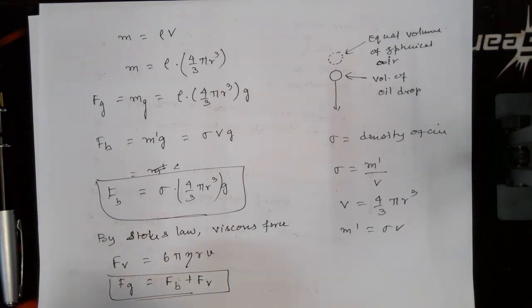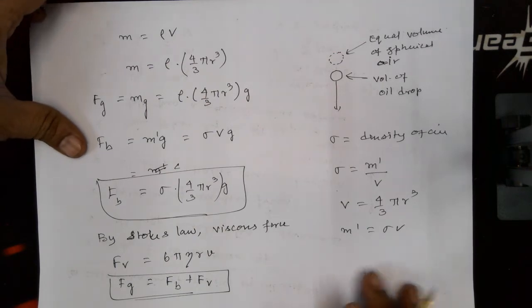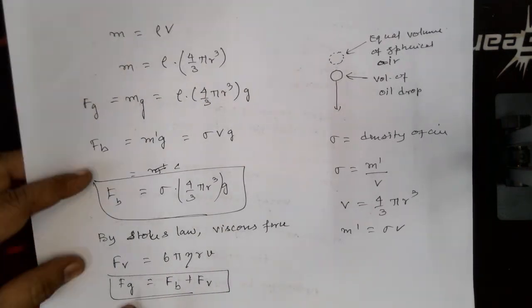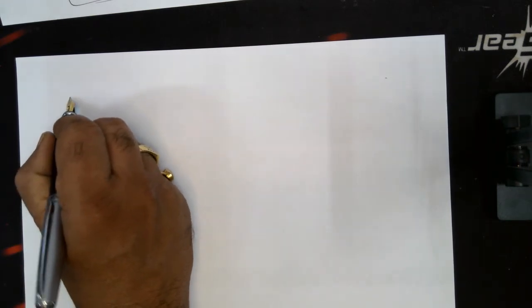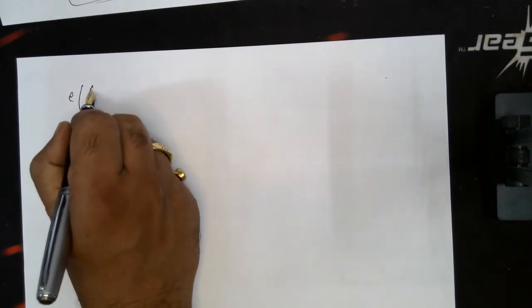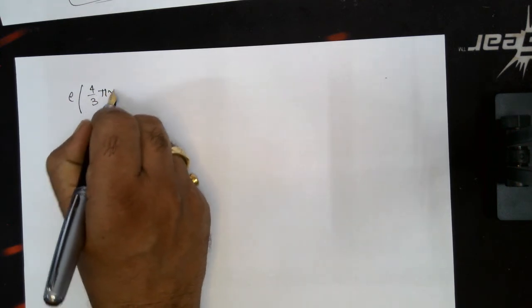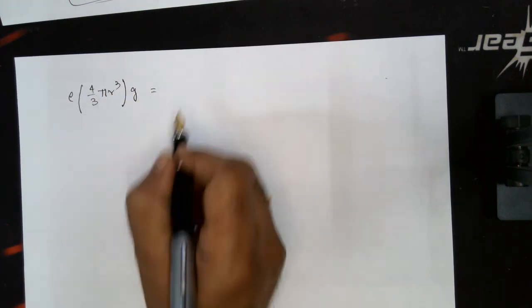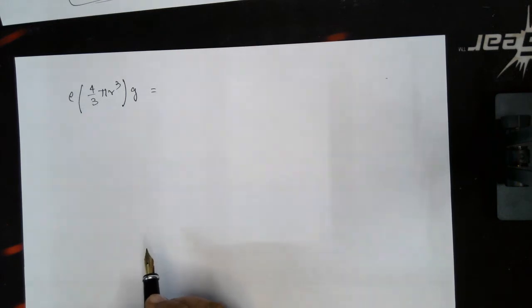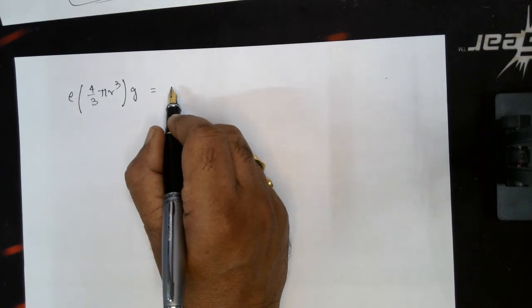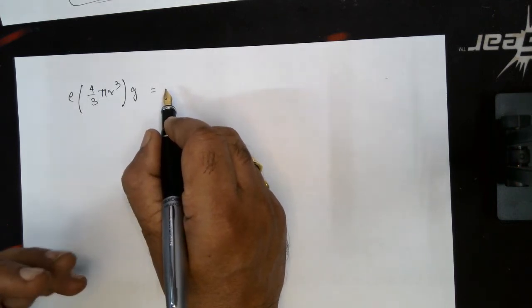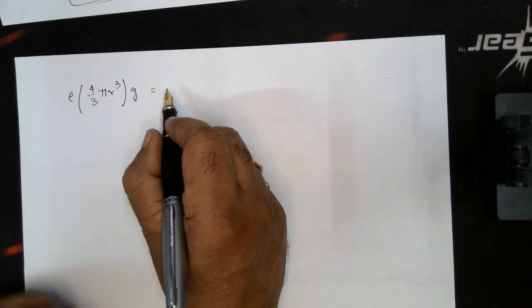Now we can suitably substitute these equations because we already know what Fg, Fb and Fv are. So what is Fg? Rho into 4 by 3 pi r cube into g is equal to Fb, the buoyant force, which is the force due to buoyancy, that is due to the air displaced.